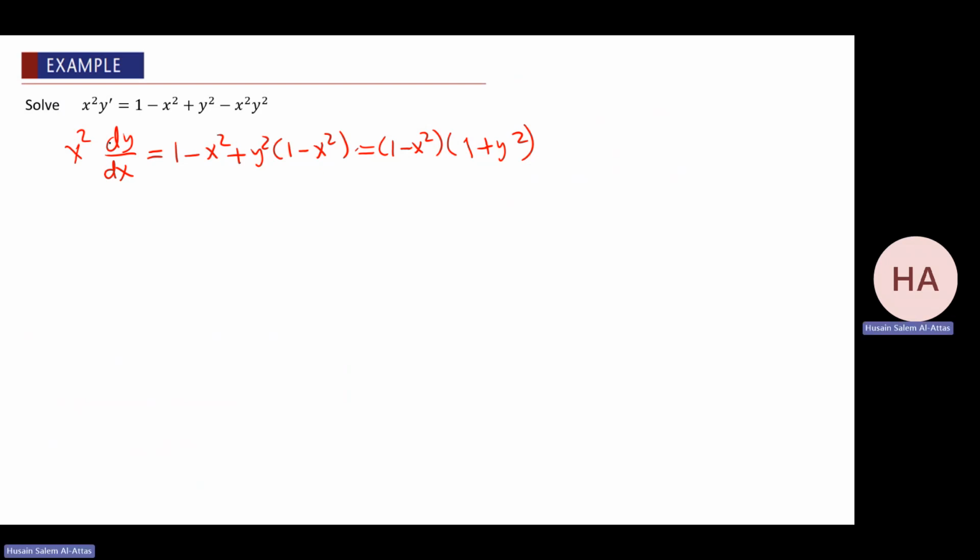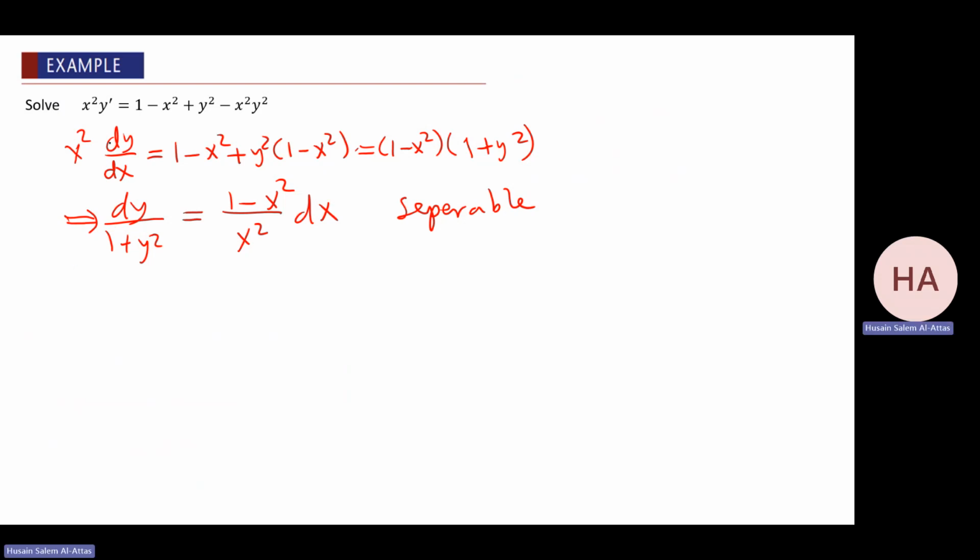Okay, now I have dy over 1 plus y squared equals 1 minus x squared over x squared dx. Now I make it separable. I separate the x on one side and the y on the other side. Integrate.